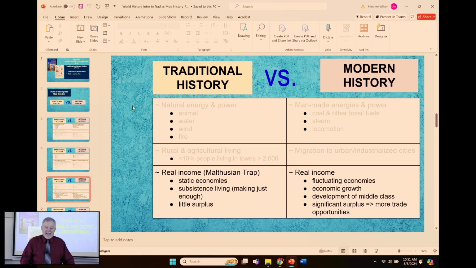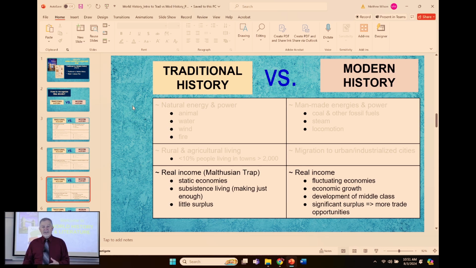I subsist off of whatever I can grow, or whatever cattle I can raise, or whatever I can hunt. And there's very little surplus. There's very little left over. I can't take my potato crop, feed my family, and then take the leftovers and go to the market and sell it. That was not the traditional sort of living that we see prior to the 1700s.